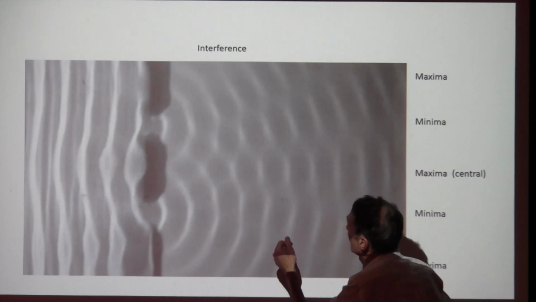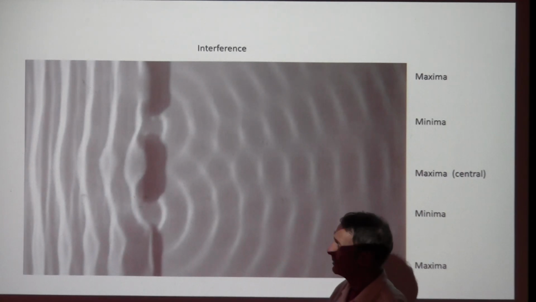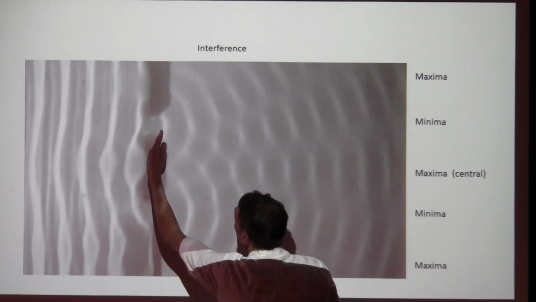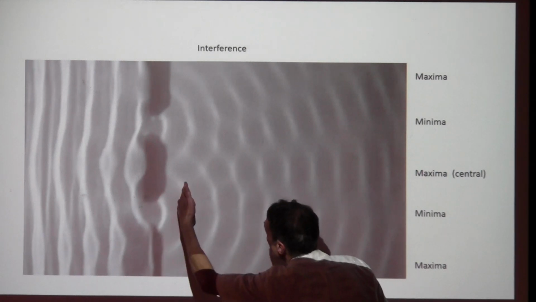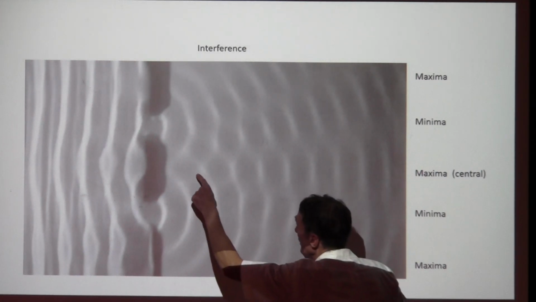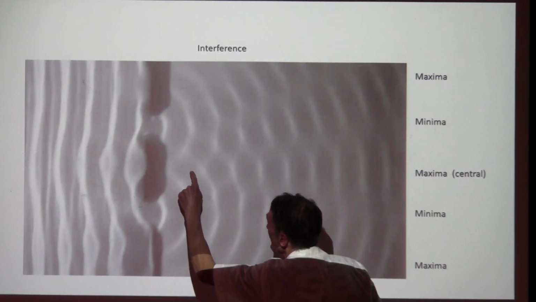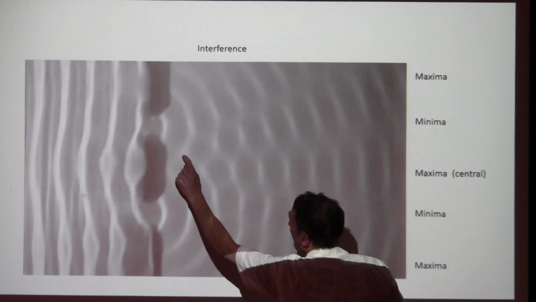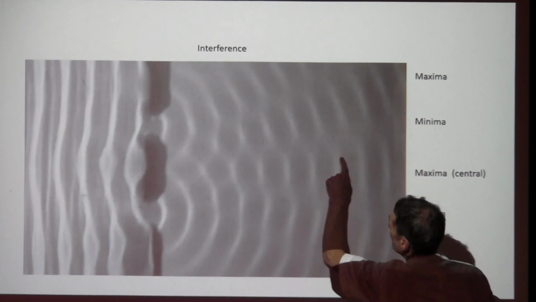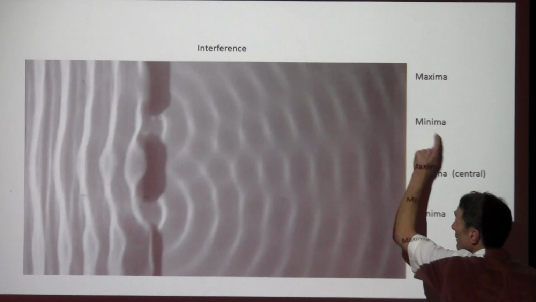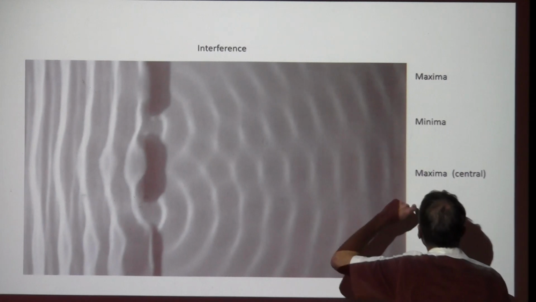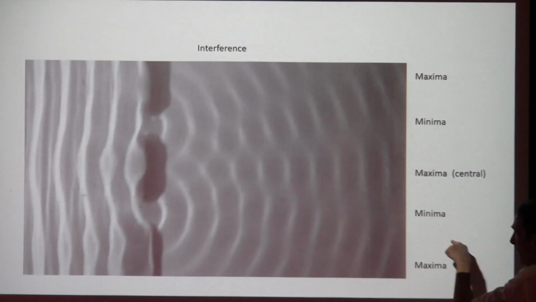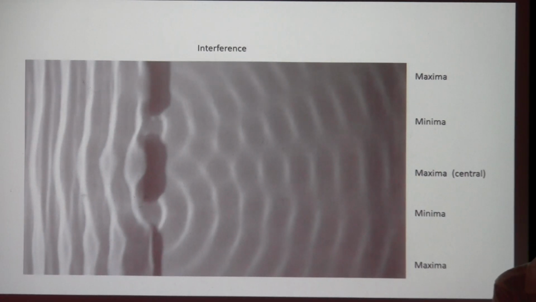Let's say something going out, this is creating a crest, and these crests are going off, and we will get some points here where the crest of one wave is meeting the trough of the other wave, and they tend to cancel out along this line. These are called nodal lines. We'll call these minima. There's also parts where they're constructive interference. There'll be maxima, and there'll be a strong one in the center. Anyway, this is kind of how Young is thinking. Hopefully this makes visual sense to you.